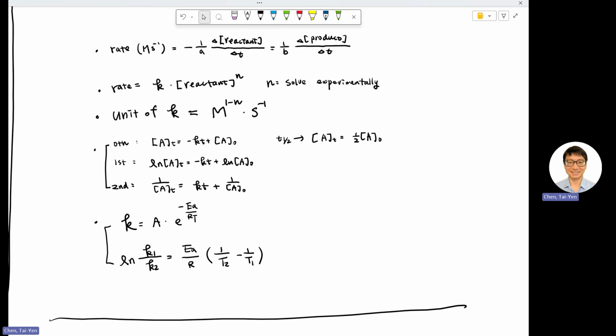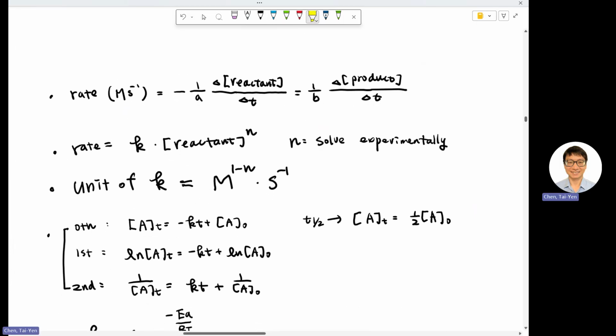So if I say calculate the disappearance rate of your reactant, then I'm talking about this term: delta reactant concentration over delta t. That's the disappearing rate of reactant. If I say the appearance rate of product, it will be delta product over delta t.